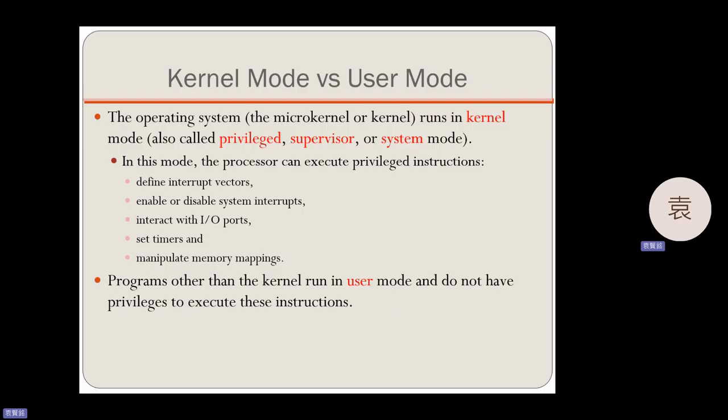So a user program usually runs in user mode, and when it asks for the service of the operating system, depending on the privilege needed by those operating system services, the operating system will change to kernel mode to execute those instructions for the user program, and later transfer control back to user mode and so on.